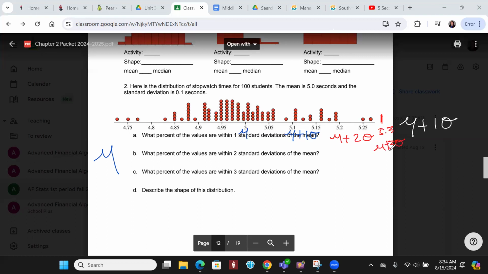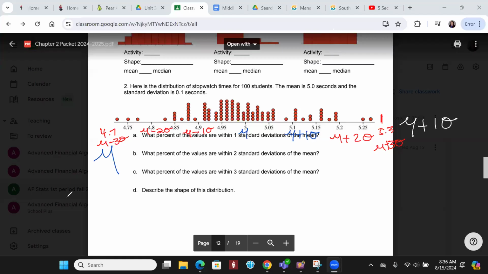Now the other side, if we subtract 0.1, which is our standard deviation, we would get 4.9. This is going to be mu minus 1 sigma. So it's 1 standard deviation below the mean. If we subtract another 0.1, we're going to get mu minus 2 sigma. If we subtract one more, we're going to get mu minus 3 sigma.